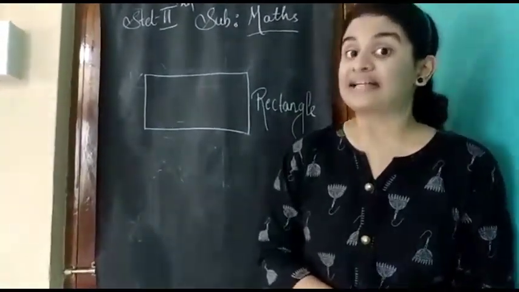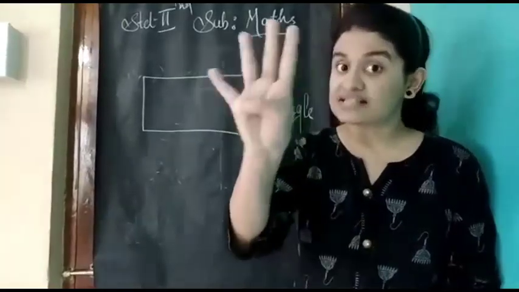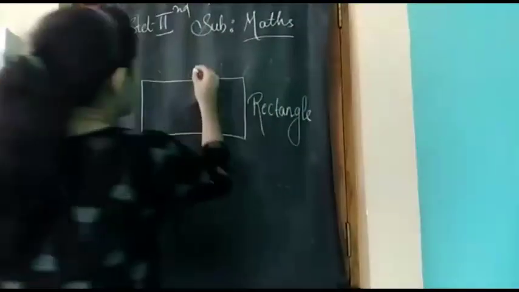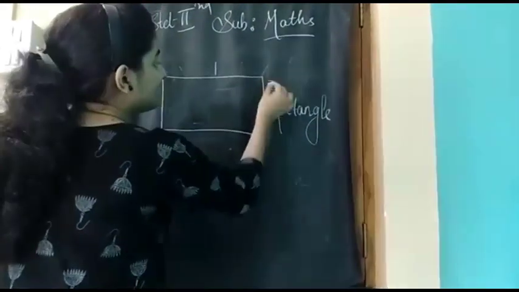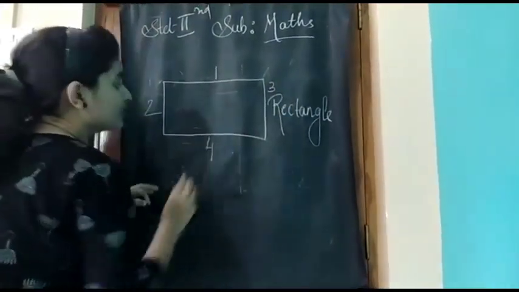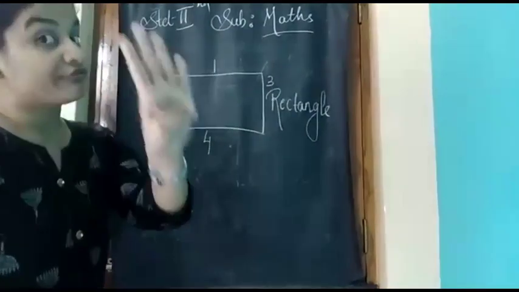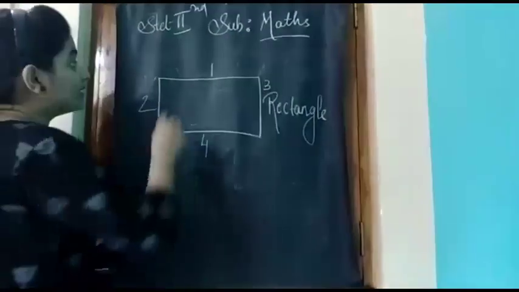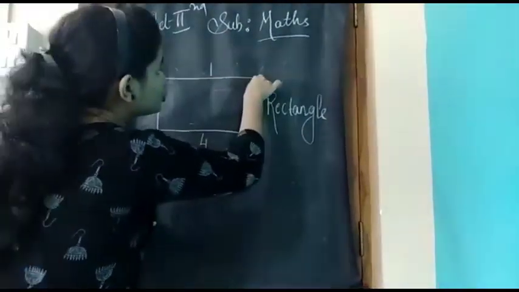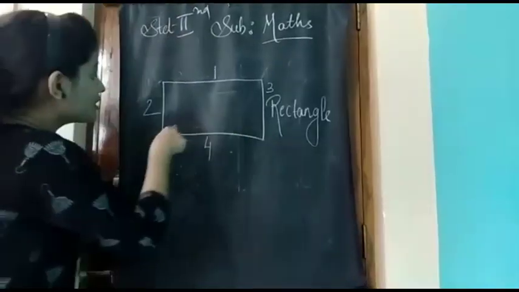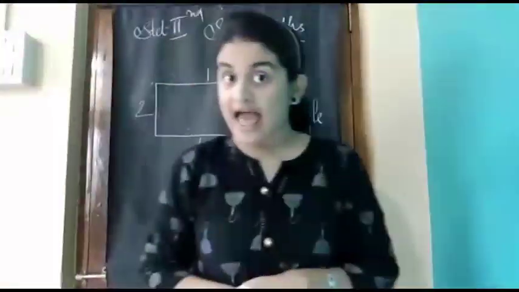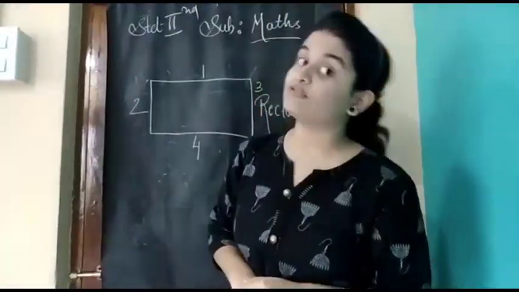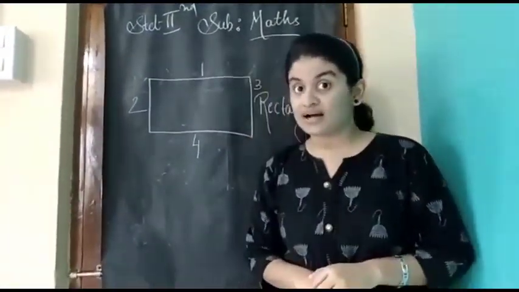Understood? A rectangle has four sides. 1, 2, 3 and 4. A rectangle has four sides and four corners. 1, 2, 3, 4. Understood?